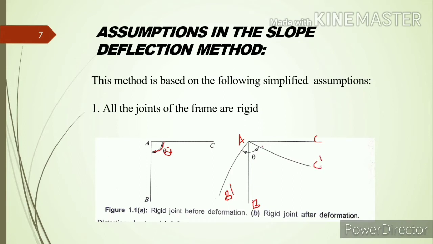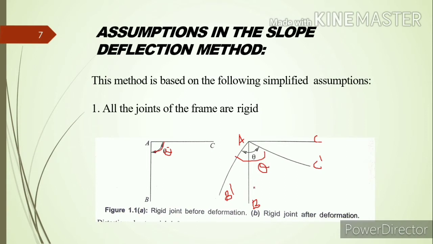From the first figure, we can see that the angle between AC and AB is theta. After the deformation, the angle between AC dash and AB dash, the new position of the members, will be the same theta.